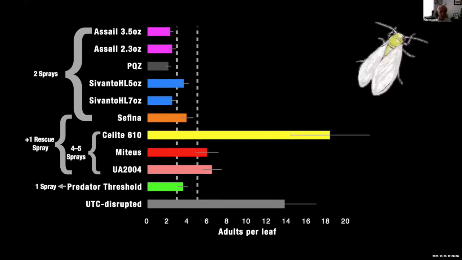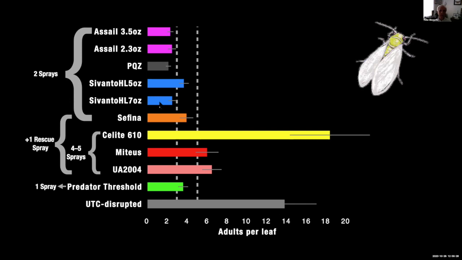Now, here's the adult numbers for the same trial, same setup, 3 to 5 adults per leaf, or this is 40% infested at this level here. And you can see that in general, the patterns are the same. Both rates of Assail worked very well. No difference between them. PQZ was a leader in the trial.